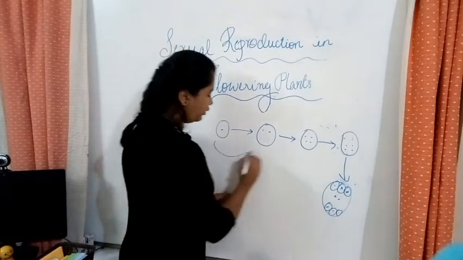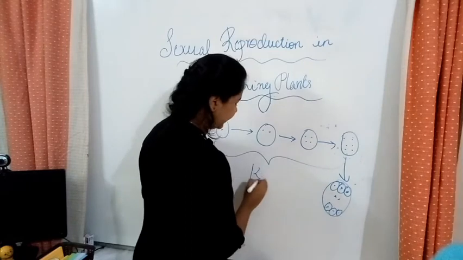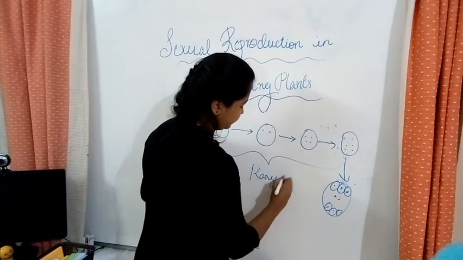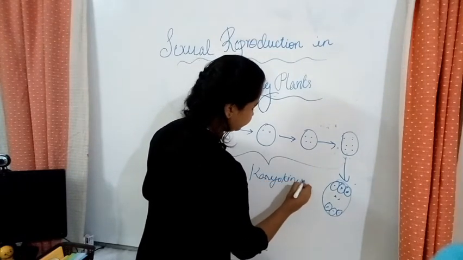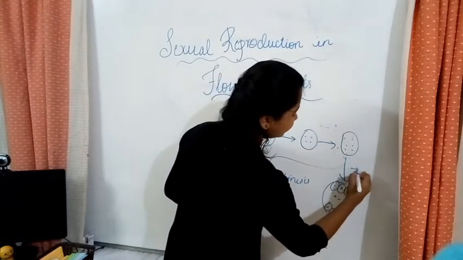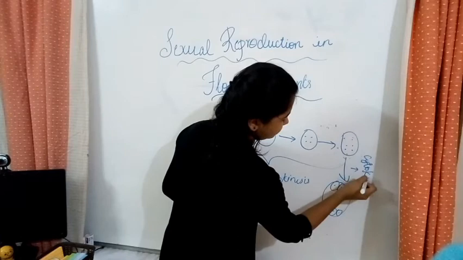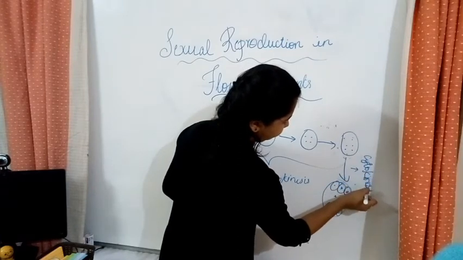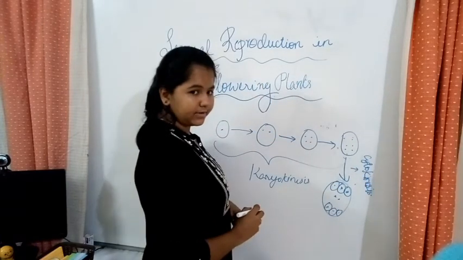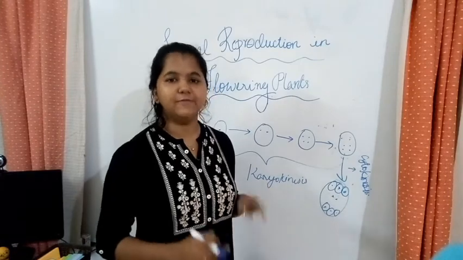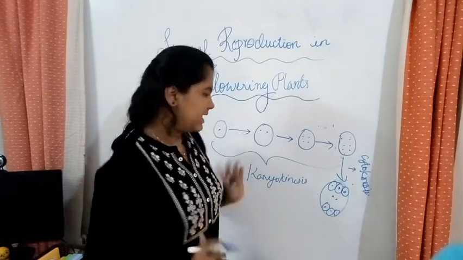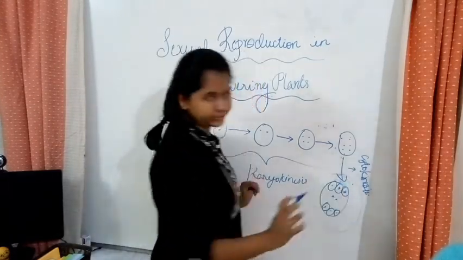Over here, all that happened was karyokinesis only, and over here there was cytokinesis. So here the female gamete is formed, and now this is ready for sexual reproduction.